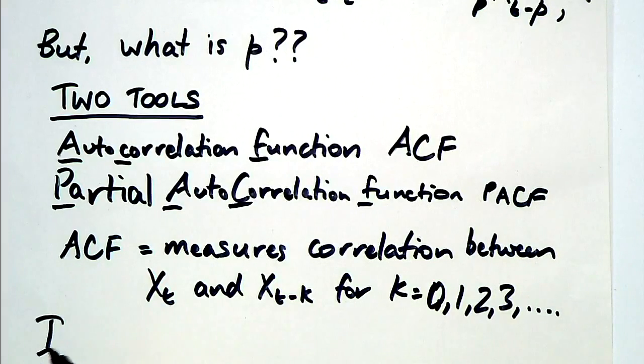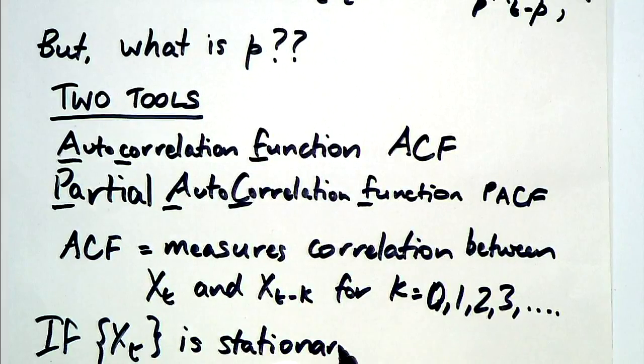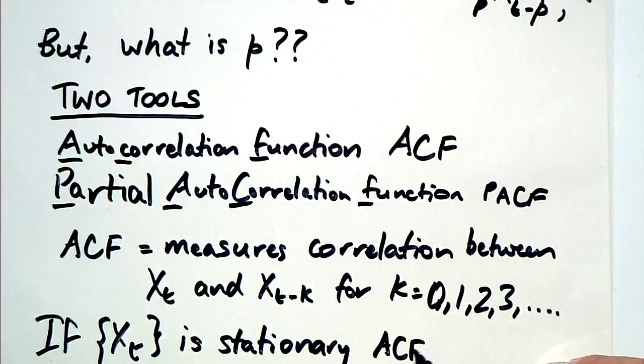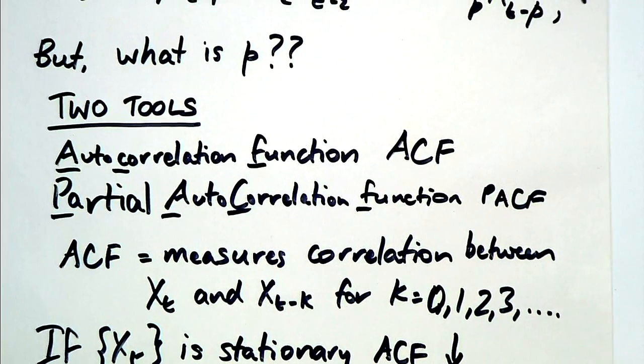So, if xt as a series is stationary, then the ACF should damp down. It should damp down. I'll show you a picture in a second, so you see what I mean.